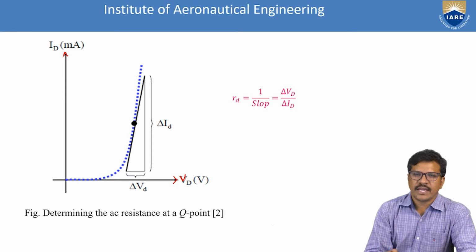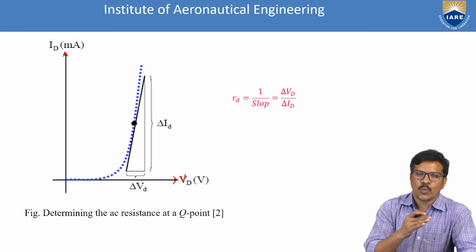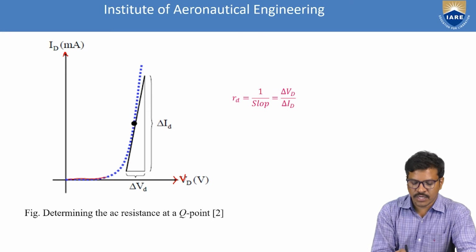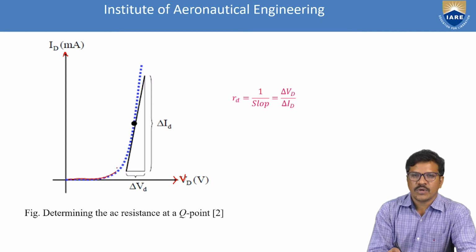We know that we will get the curve. It grows like an exponential curve. Initially it starts with a slight variation with the voltage, and once it reaches a certain voltage, the cut-in voltage, the current of the diode curve grows exponentially.